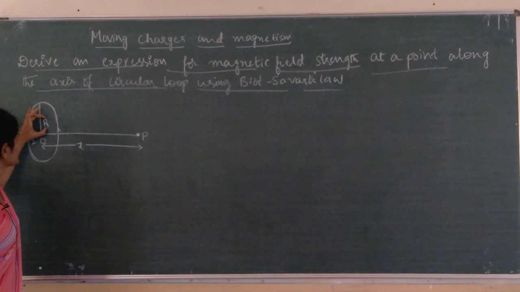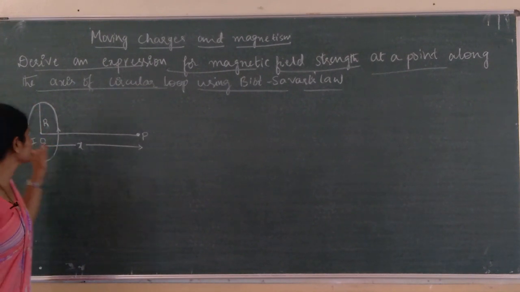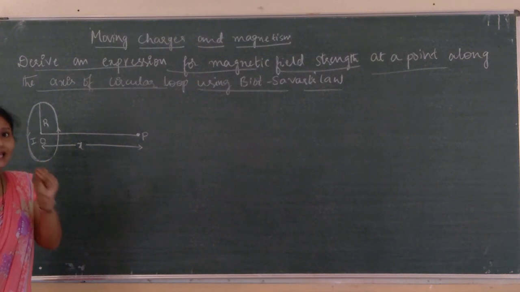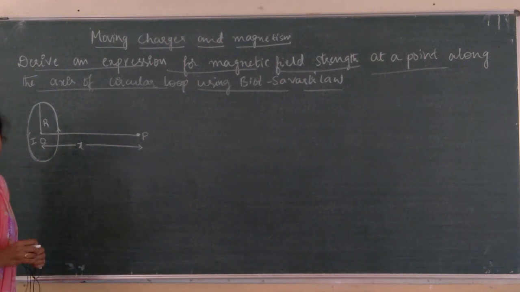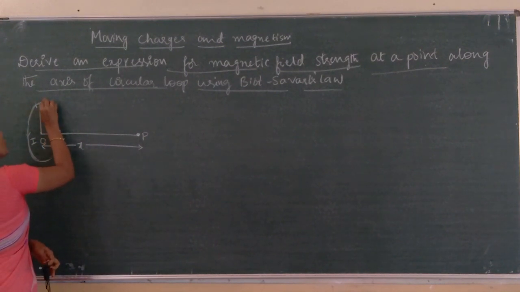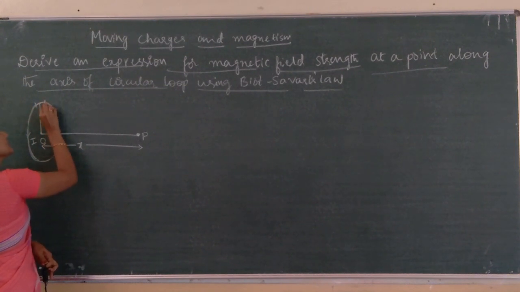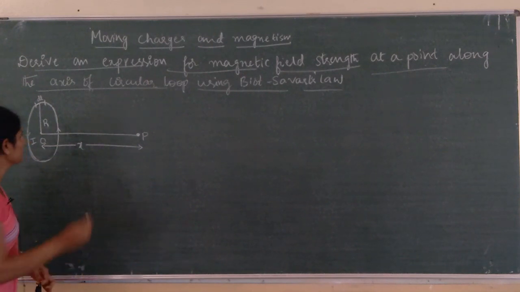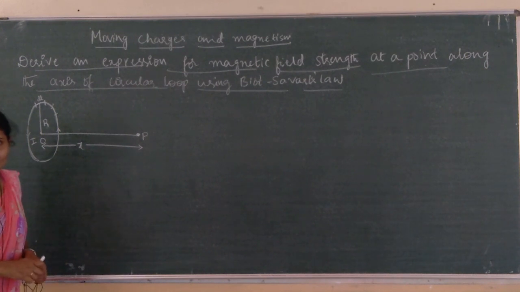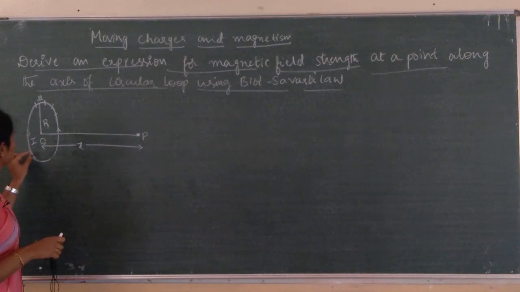Now what we have to do is divide this circular loop into small line elements, nothing but dl. I will consider a small length, denoted as dl. I am dividing this whole circular loop into length elements dl.